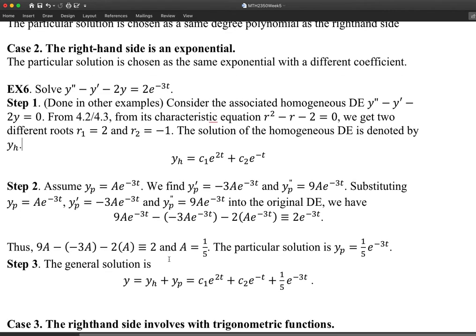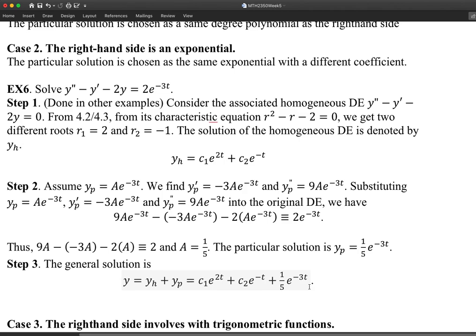Then step 3, no stranger for step 3. You just add the results from step 1 and step 2 together. And that is our final answer. The general solution is y sub h plus y sub p, and add those two functions together.